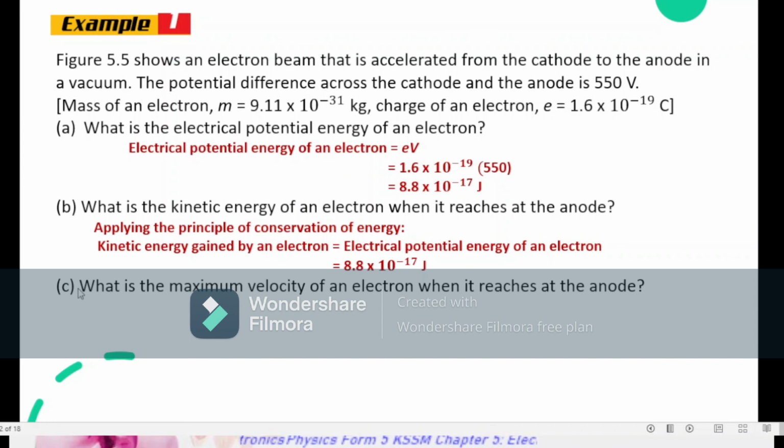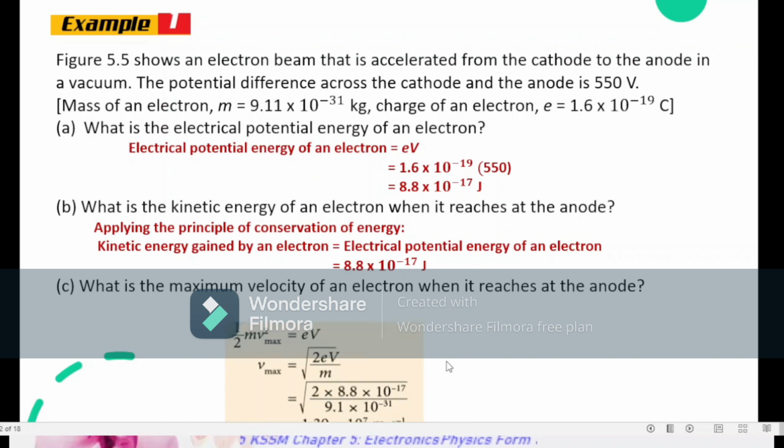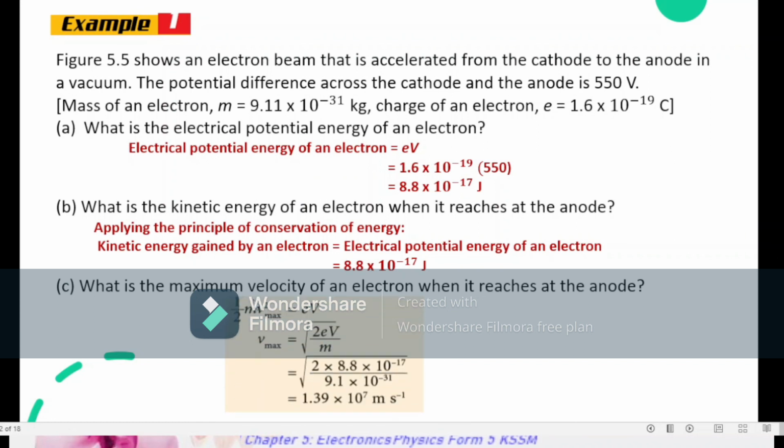Next, what is the maximum velocity of an electron when it reaches the anode? Again, apply the principle of conservation of energy. Electrical potential energy of an electron is equal to kinetic energy gained by an electron. So we have half m v squared equals eV. Thus v equals square root of 2eV divided by m.